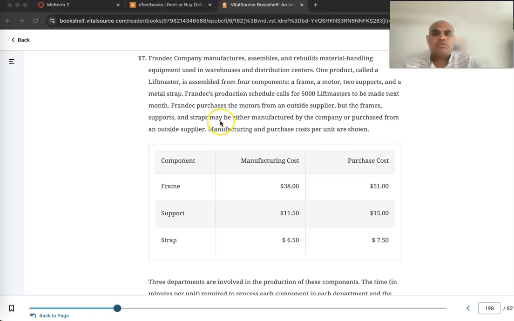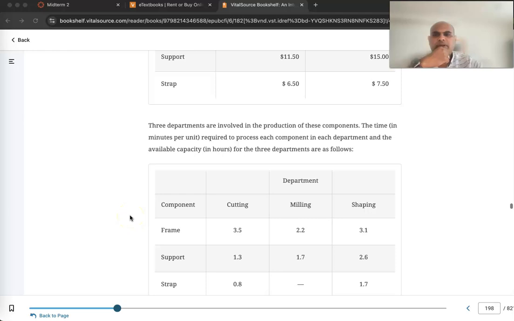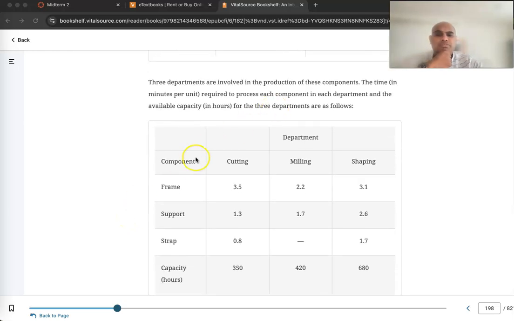But the frames, supports and straps are either manufactured by the company or purchased from an outside supplier. So the manufacturing costs for making a frame, a support and a strap are given here, and the costs for purchasing from the outside are also given here. Now 3 departments are involved in the production process: a cutting department, a milling department and a shaping department.